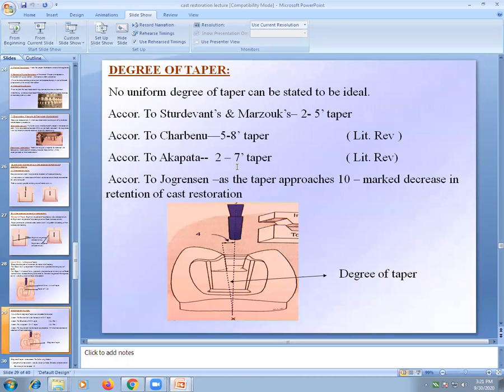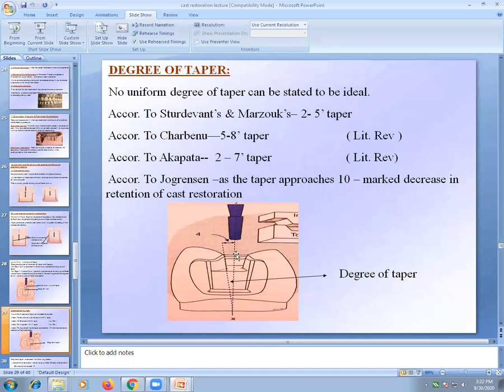Now we will discuss the degree of taper. Generally, no uniform degree of taper can be stated to be ideal. It will vary from case to case. According to Stuart and Mosak, there should be 2 to 5 degrees of taper. But according to Charbeneau, it can increase up to 5 to 8 degrees of taper.